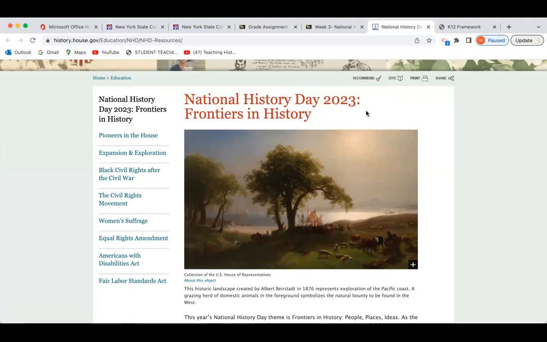So I went through and clicked on the resources to come up with a list of topics for my students to analyze, and to go through the Social Studies K-12 framework for New York State to come up with connections for the K-12 framework for these selected topics as set forth by the National History Day website.